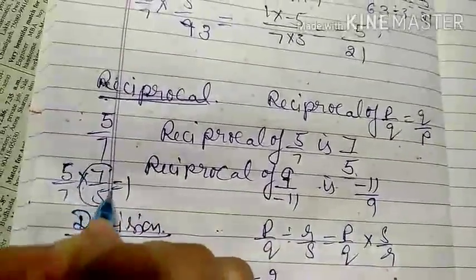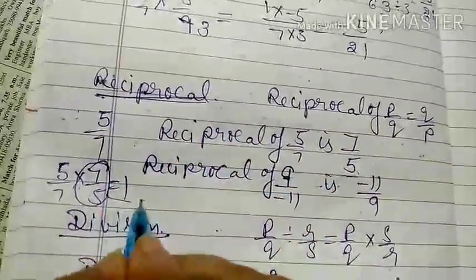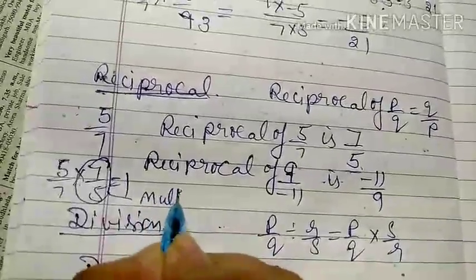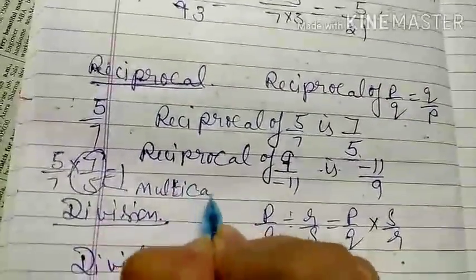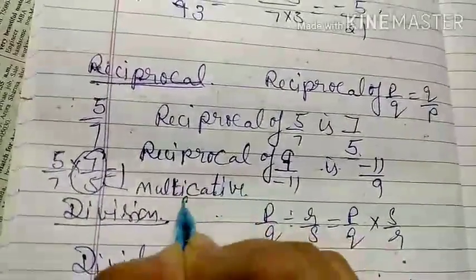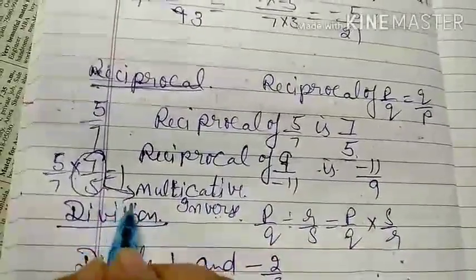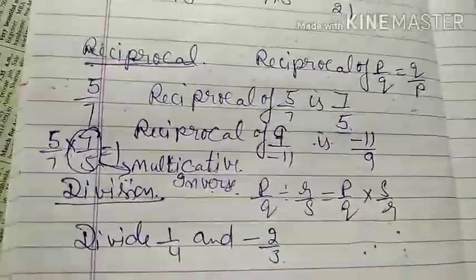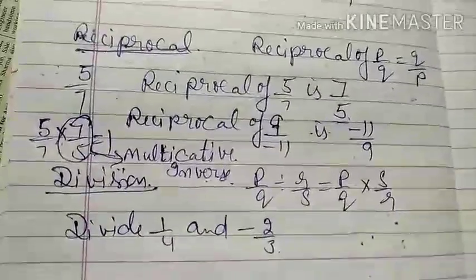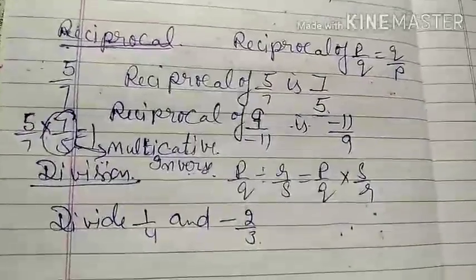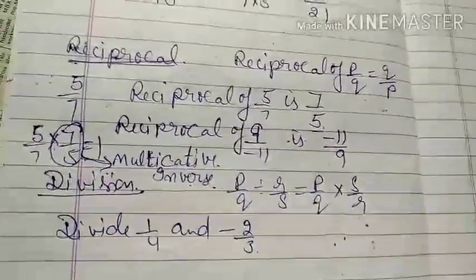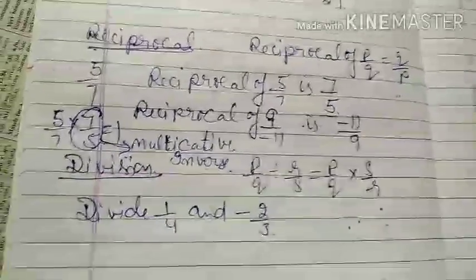That reciprocal number we call the multiplicative inverse. Or we can simply say that the reciprocal of a particular number is the multiplicative inverse of that number.